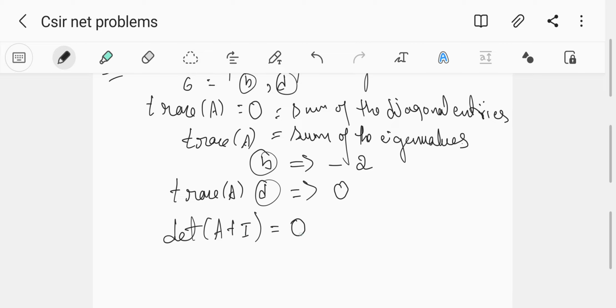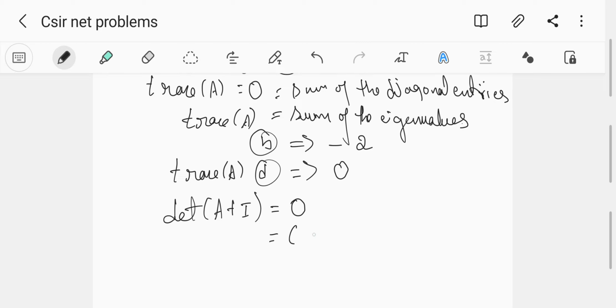This condition also has to be satisfied by option D. Determinant of A plus I is given by the eigenvalues of A each added by 1. The eigenvalues of A which we determined were -1, -2 and 3.